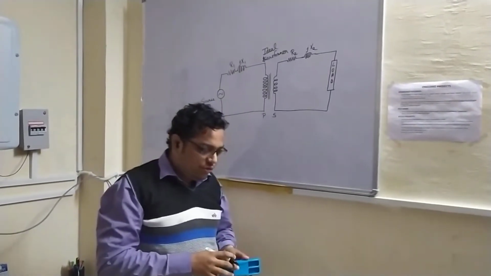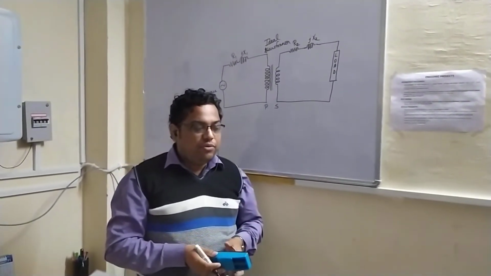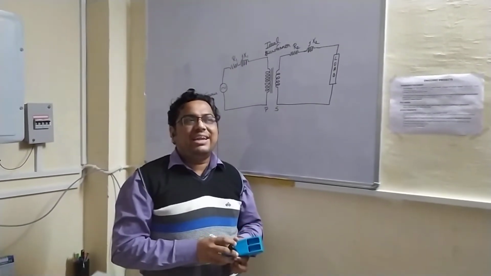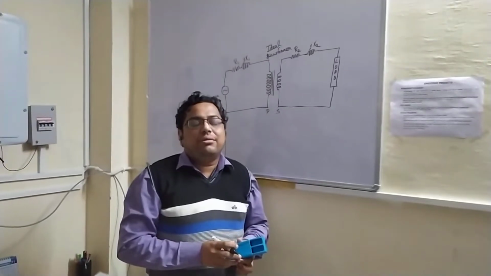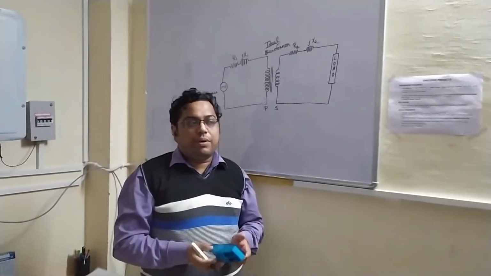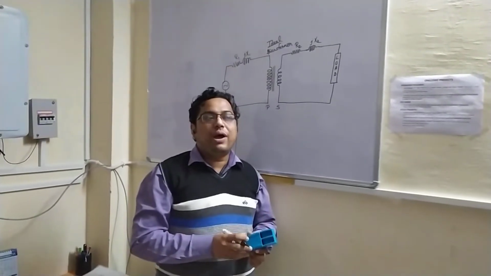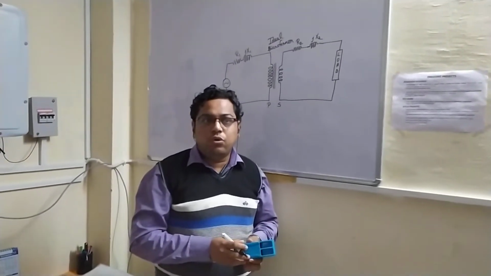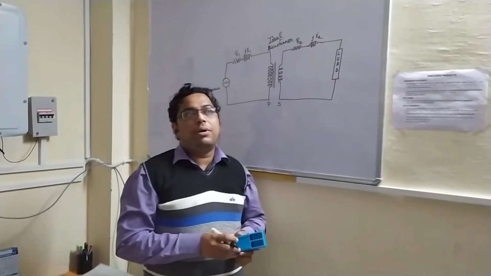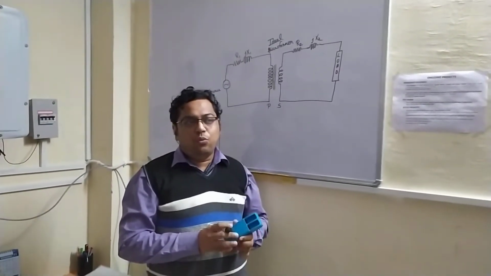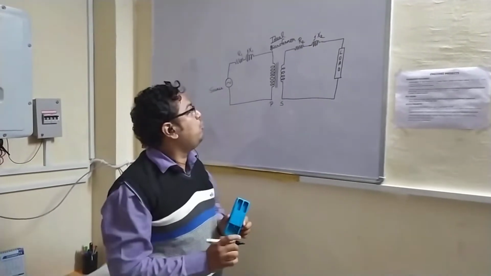Now the winding is over. Then we come to the core of the transformer. Ideally, we consider that the permeability of the core is infinite, which means we don't require any current to magnetize the core. But practically the core permeability will be a finite value, and therefore we require some current to magnetize the core.